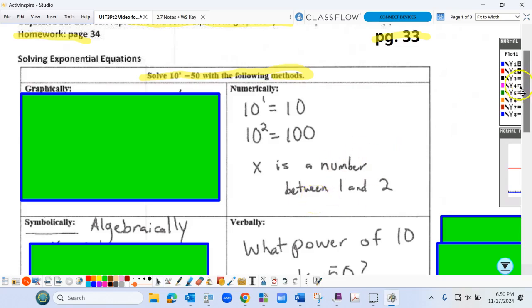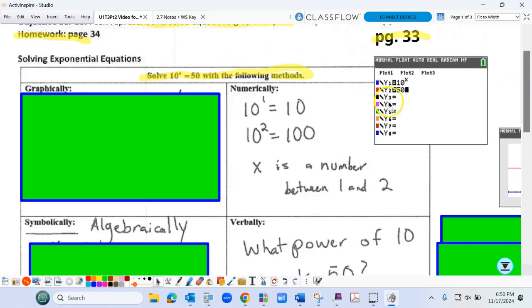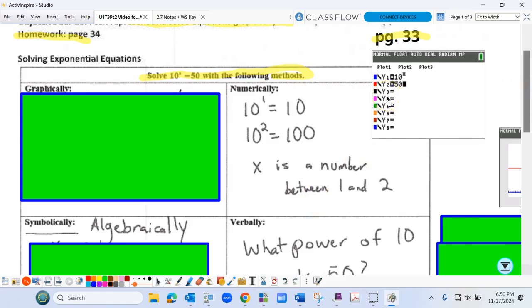First, take out your calculator and put the exponential, 10 raised to the x, into y1 after hitting the y equals button. The 50 goes into y2.